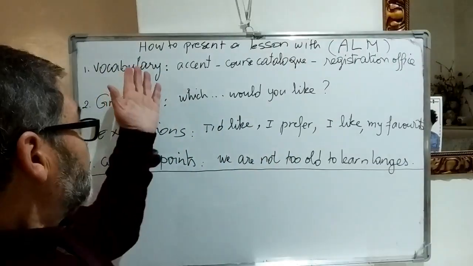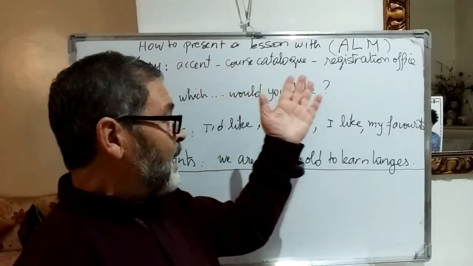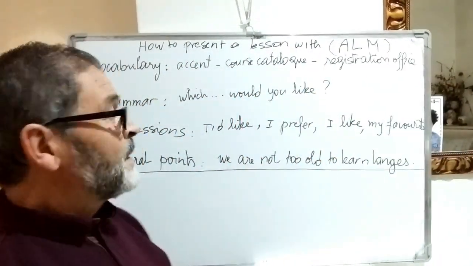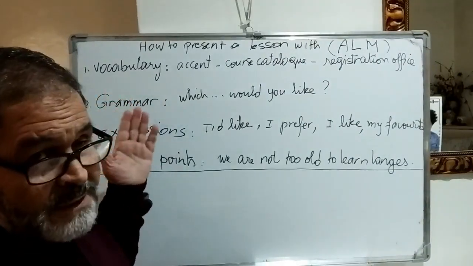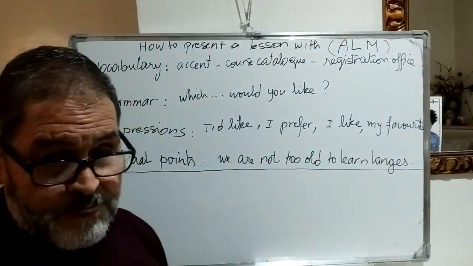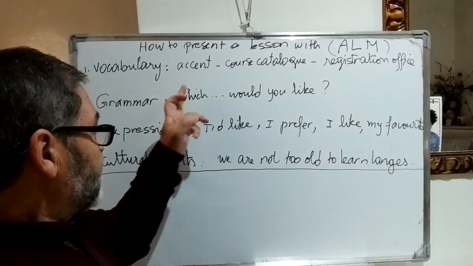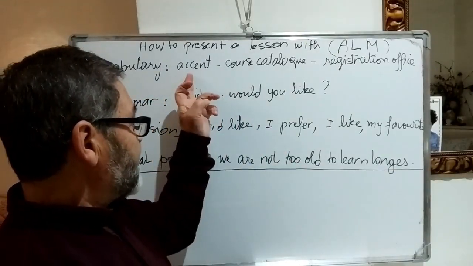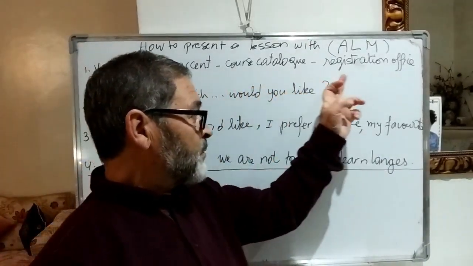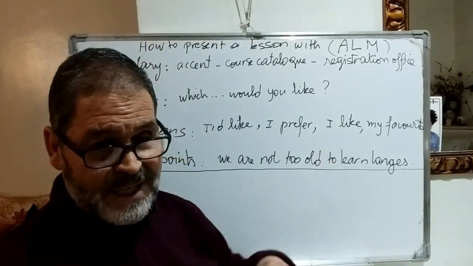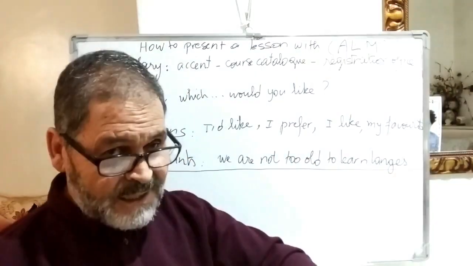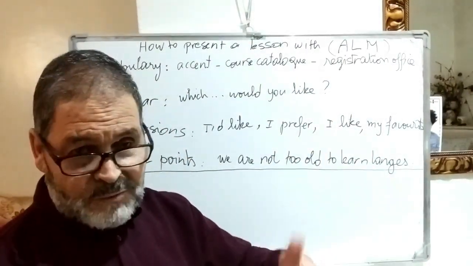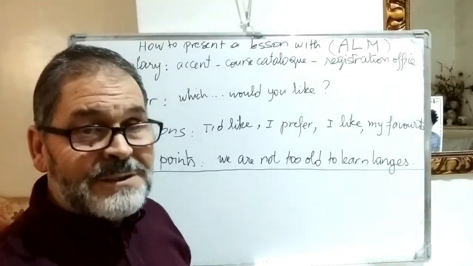So we have how to present a lesson with the audiolingual method. Vocabulary, we have 4 points here. I'm going to select accent, course catalog, registration office. So I must explain them and elicit them, of course, in order to be understood.